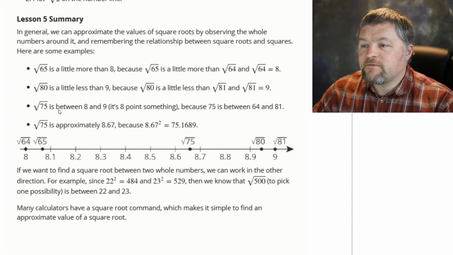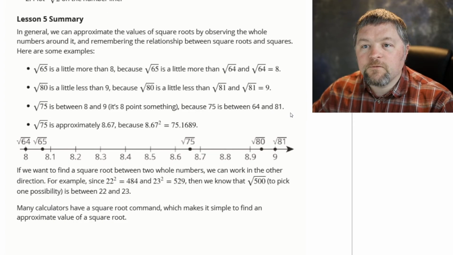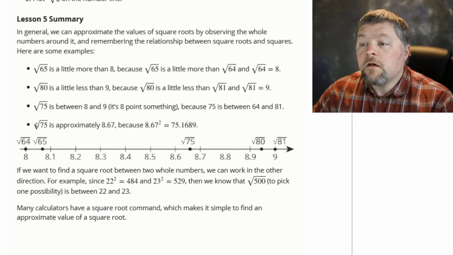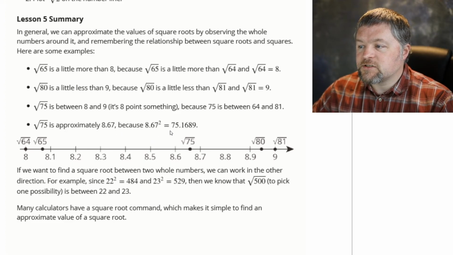The square root of 75 is between 8 and 9. It's 8 point something because 75 is between 64 and 81. The square root of 75 is approximately 8.67 because 8.67 squared is equal to 75.1689.